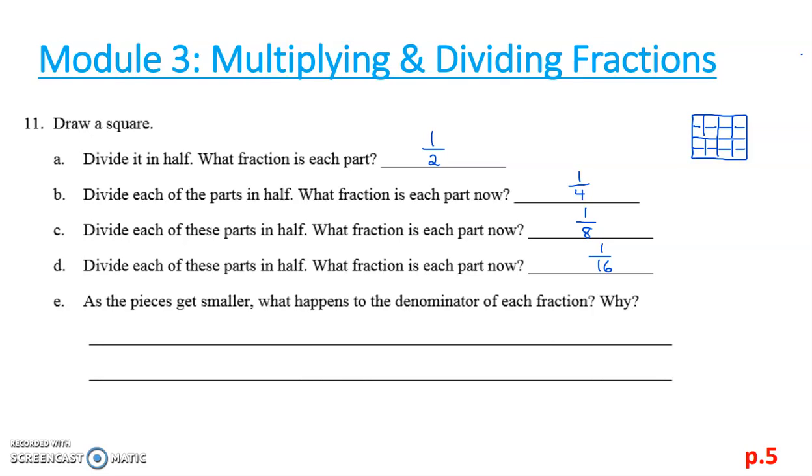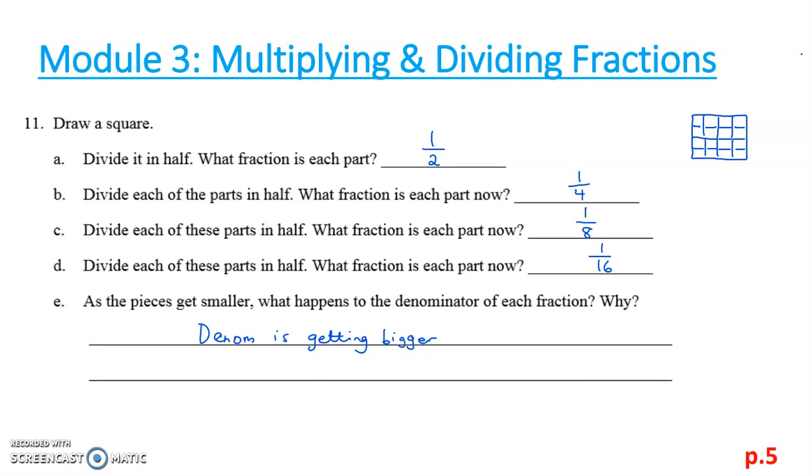So as the pieces are getting smaller, what's happening to the denominator? The denominator is getting bigger. And why is that happening?